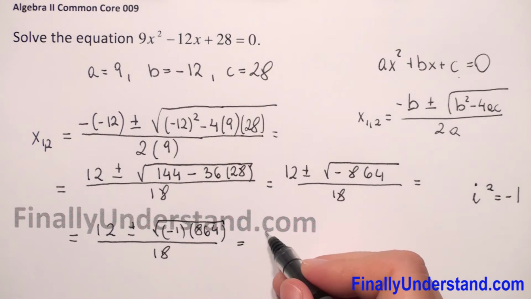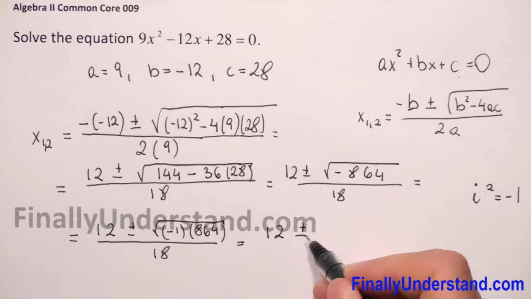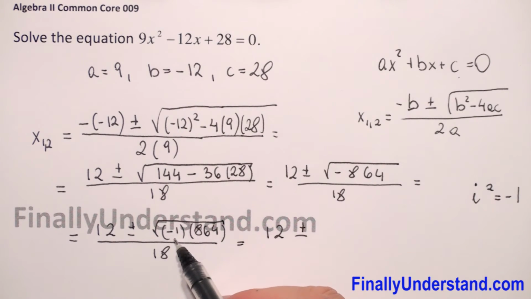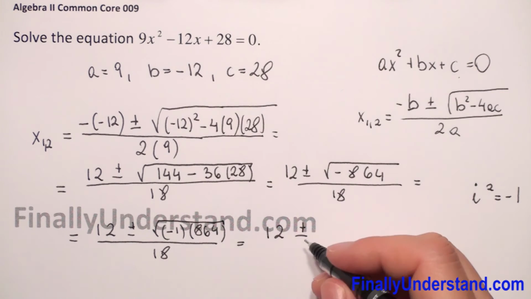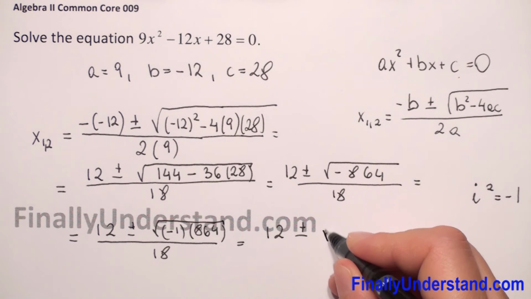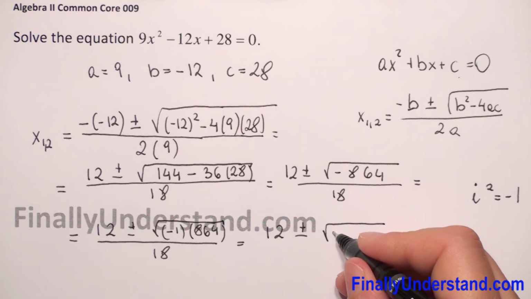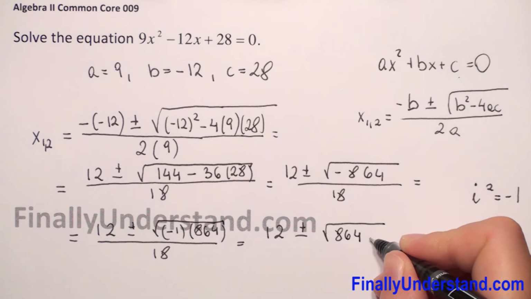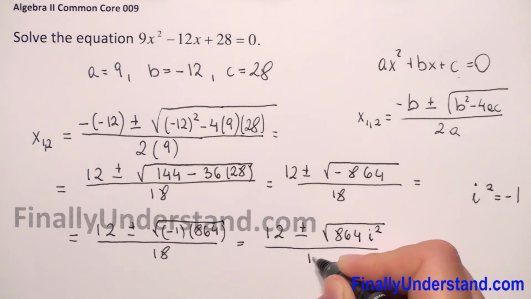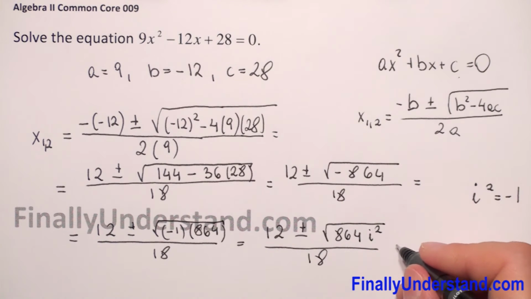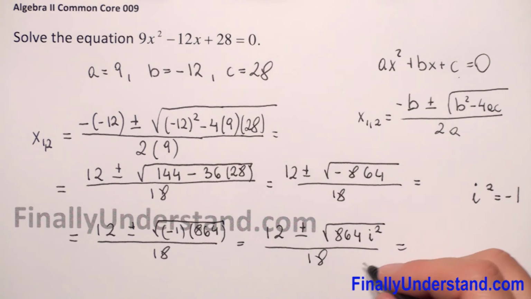So this is equal to 12 we copy, plus minus, and now negative 1 is i squared. So under the square root we can write 864 times i squared over 18. So now we don't have a negative number under the square root.